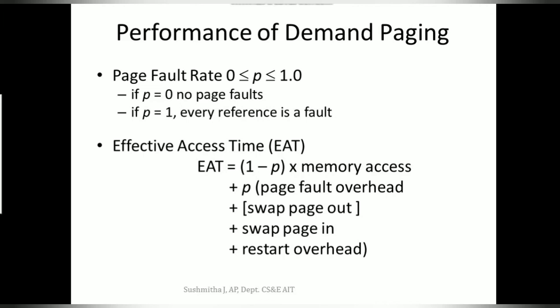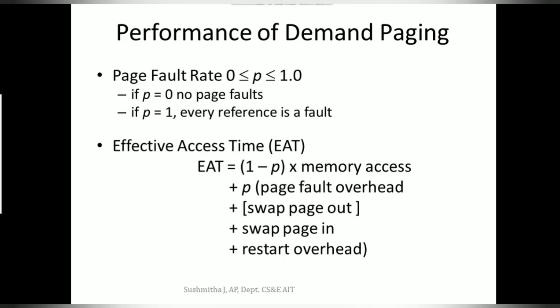Each of them adding on will eventually bring down the performance or the response of your process. So it is always better to have fewer page faults. We have to have a balanced act where we are saving the main memory and also trying to have a good response of the process.